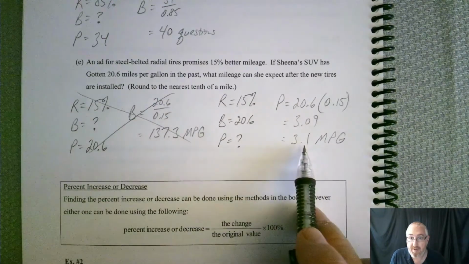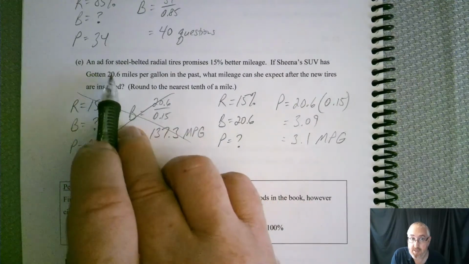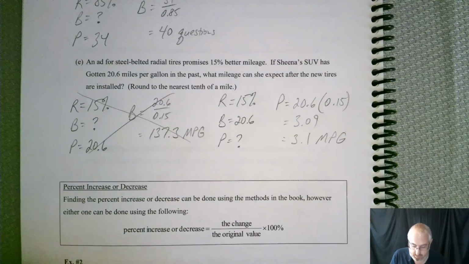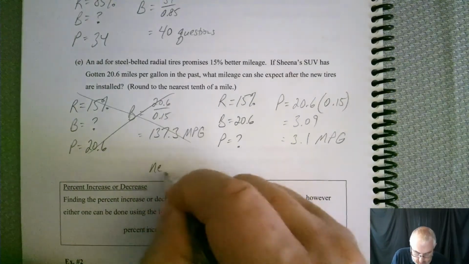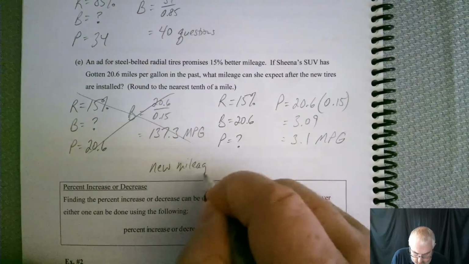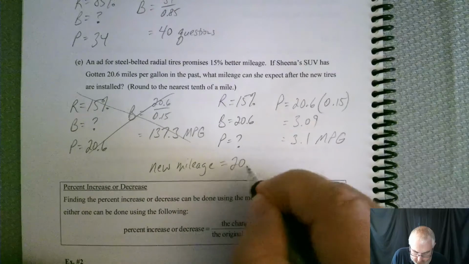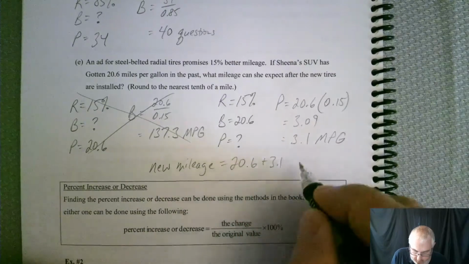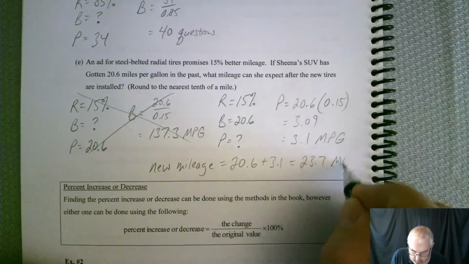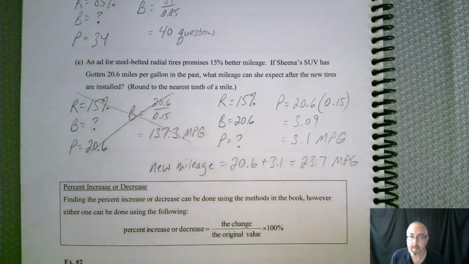If we add this to this 20.6, that's going to give us the total mileage on the new tires. So the new mileage is going to be the 20.6 plus the 3.1, which is 23.7 miles per gallon.